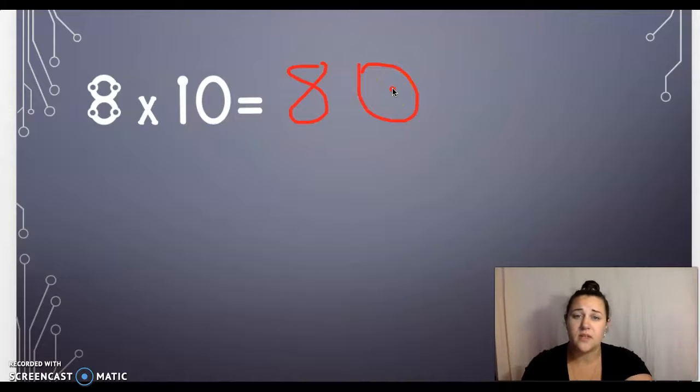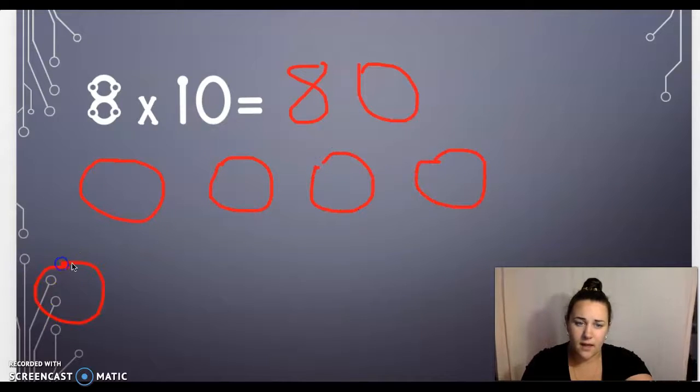Well, again, let's see if we're right. Let's do our other methods. I'm going to make 8 equal groups: 1, 2, 3, 4, 5, 6, 7, 8.